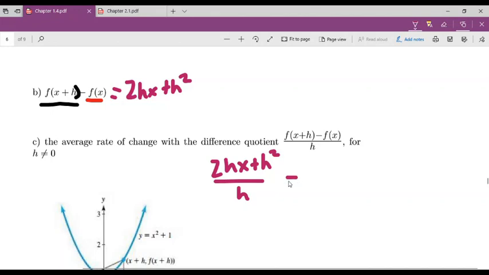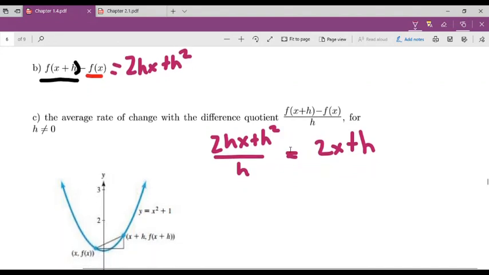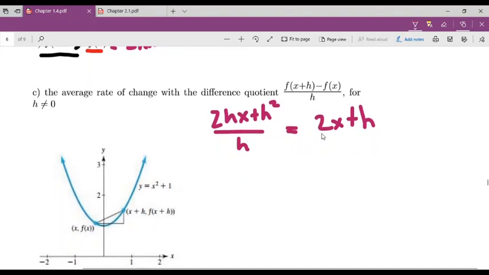Okay. Now I can take an x from each of these. That'll leave me with 2x plus h, simplified. Okay. So your average rate of change with your difference quotient when h is not equal to 0 is 2x plus h.